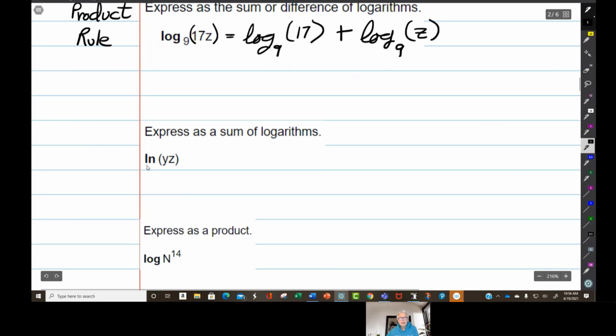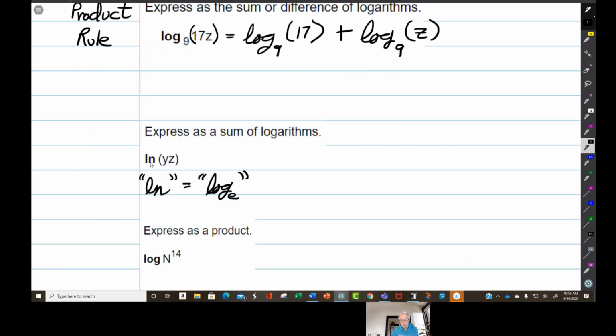Same thing here. Now here is ln. ln is a logarithm. It's just the natural log. This is log base e. The name ln is the name log base e.